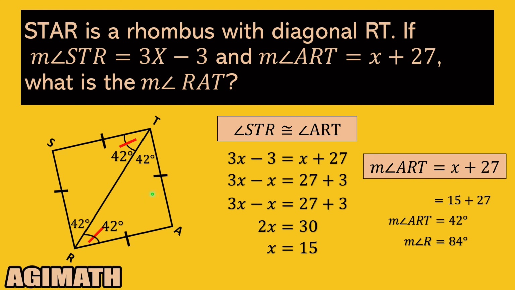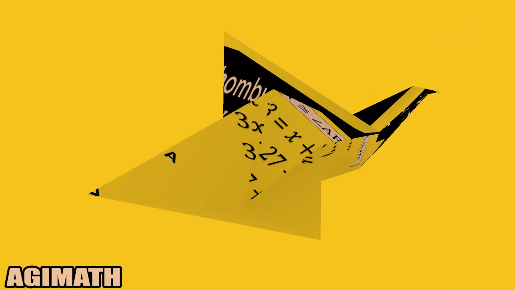So we can have measure of angle RAT, or the measure of angle A, it's 180 minus 84. So that is equal to 96 degrees. Now if you are going to add 96 and 84, you will have 180 degrees, making angle R and angle RAT supplementary. And that's the answer.